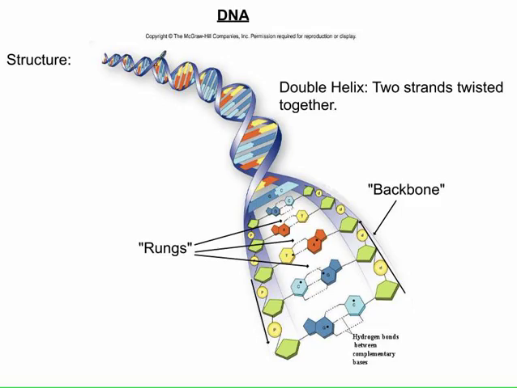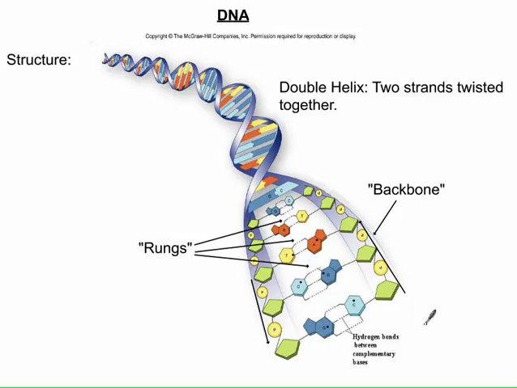So the general structure of DNA is the double helix. That's just two strands of nucleotides twisted together, so it kind of looks like a twisted ladder. That's the double helix. If we untwist it and examine it a little closer, we see the chains of nucleotides bound together to make up the strand of DNA on both sides.